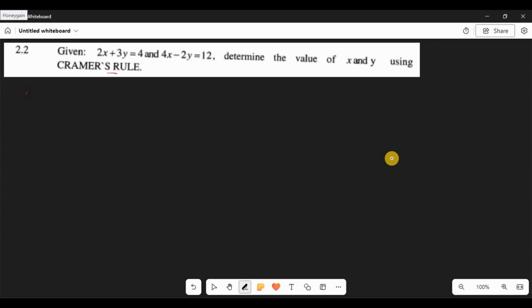So let's look at the first equation here. We have 2x plus 3y equaling 4. So you first write the coefficient of x, which is 2, and then you write the coefficient of y, which is 3, on the first equation. And in the second equation, this one here, we have 4x minus 2y equaling 12.